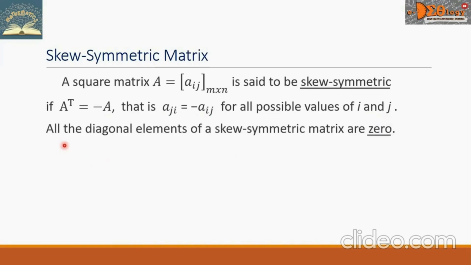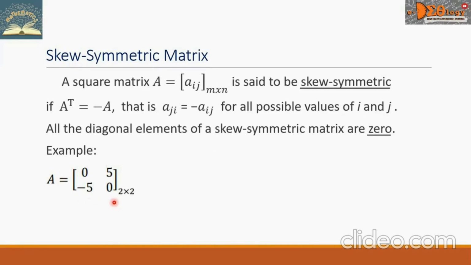Note that all the diagonal elements of a skew symmetric matrix are 0. Example, matrix A with elements 0, 5, -5, 0.